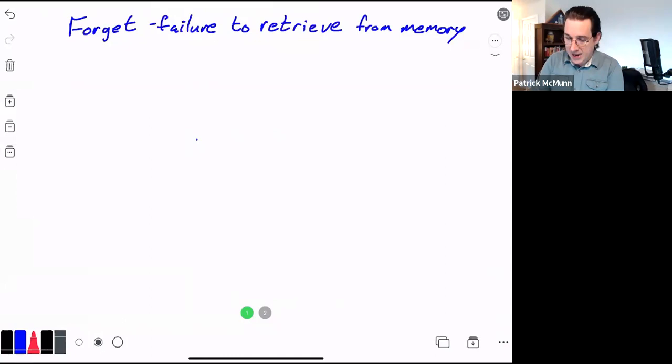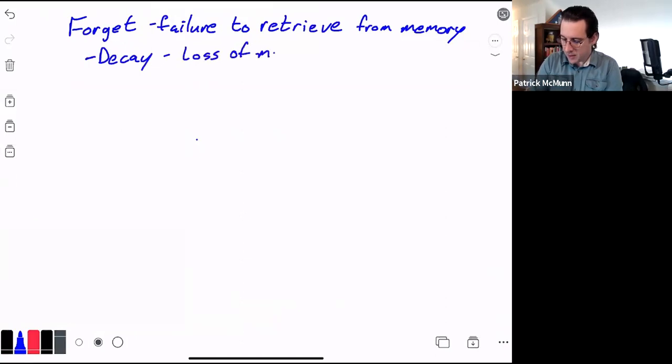Memory decay is the loss of memory due to passing of time, similar to what we saw with Ebbinghaus, right? Not a complete loss of memory, but a significant loss, almost down to 20% after 31 days passage of time.